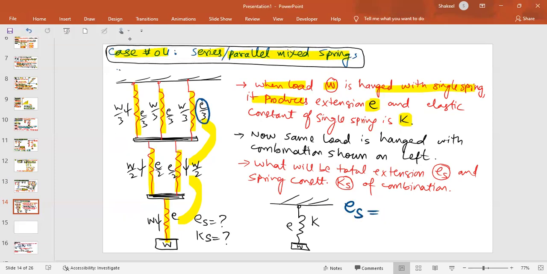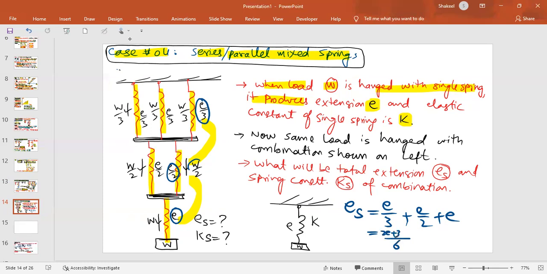So the extension in the top one is E by 3, the extension in the middle one is E by 2, and the extension in the bottom one is E. So you add them together to get the answer. The LCM is 6.